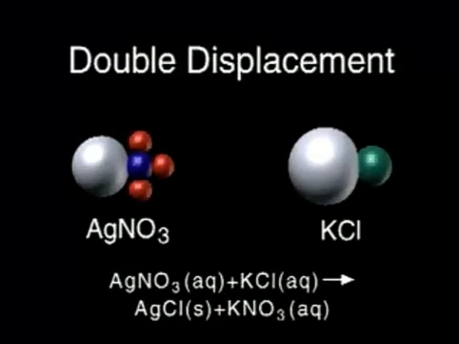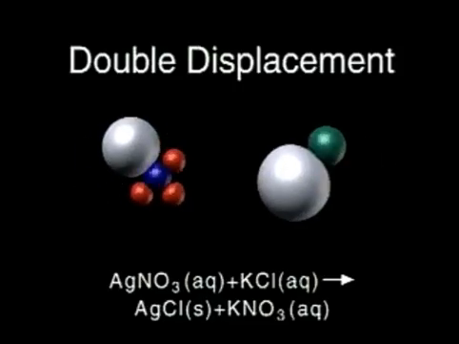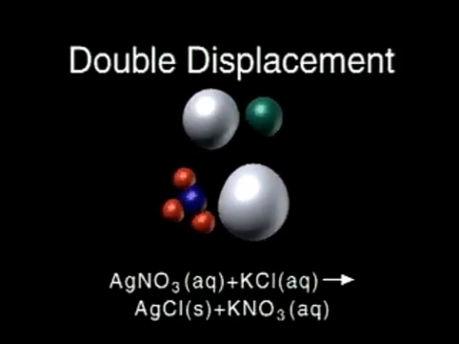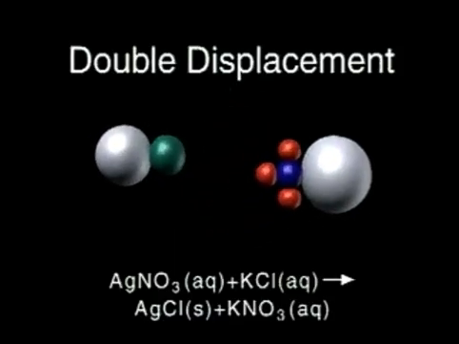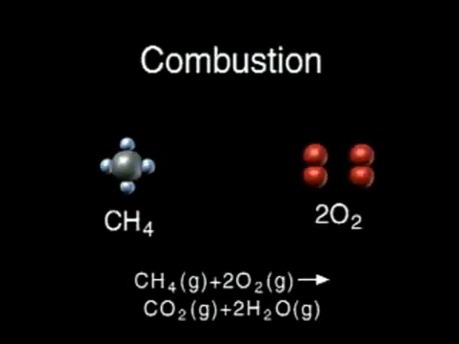In a double displacement reaction, the positive and negative portions of two ionic compounds interchange. A combustion reaction occurs when a substance rapidly combines with oxygen to form one or more oxides and releases energy.